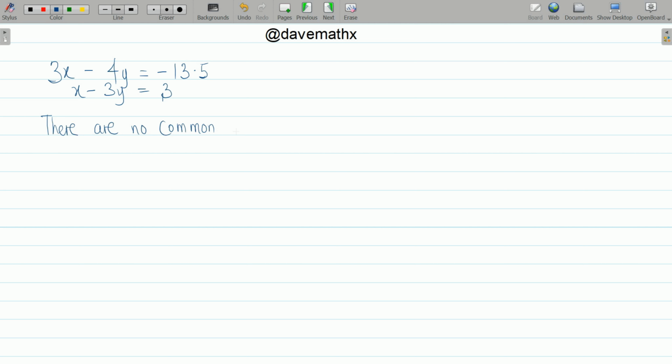This will make the coefficient of x the same. We are attempting to eliminate the variable x.